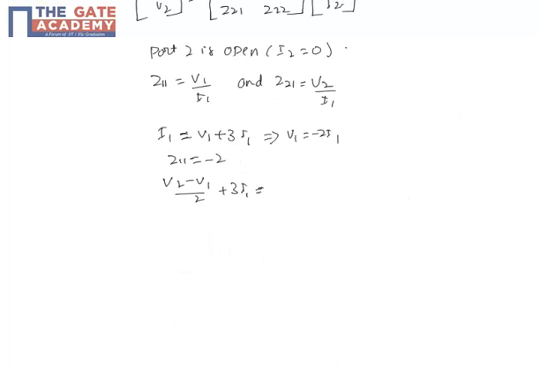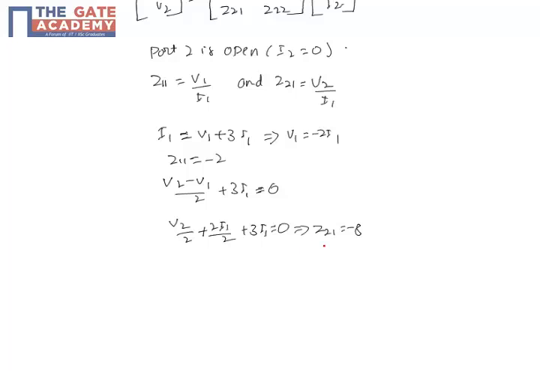Now this equation will be equal to 0. Now V2 by 2 plus, V1 is equal to minus 2I1. Substituting that we get 2I1 by 2 plus 3I1 is equal to 0. From that we get Z21 is equal to minus 8.